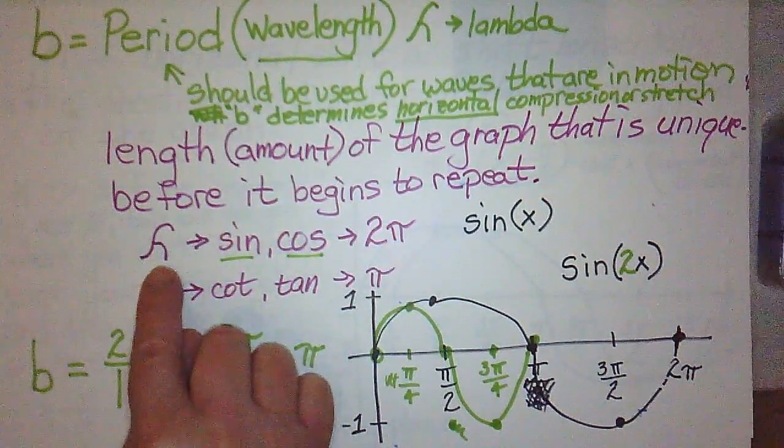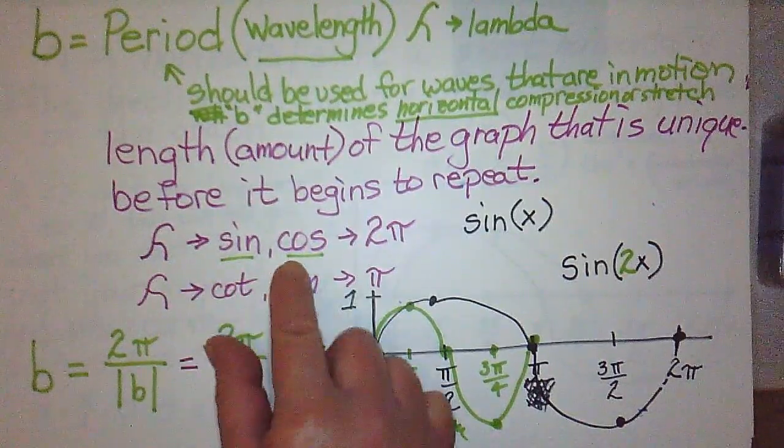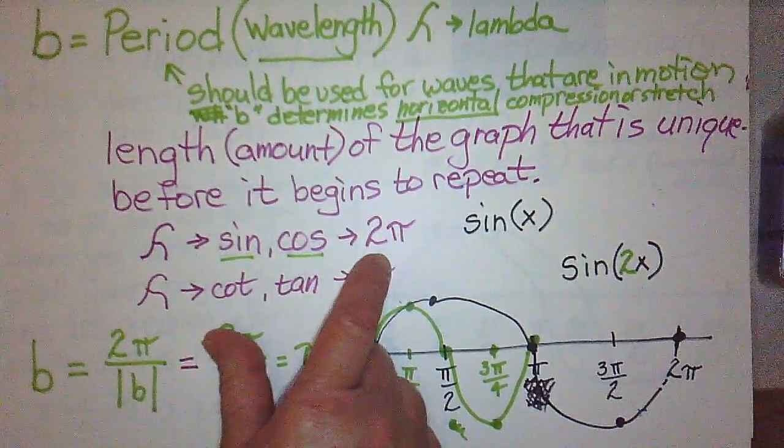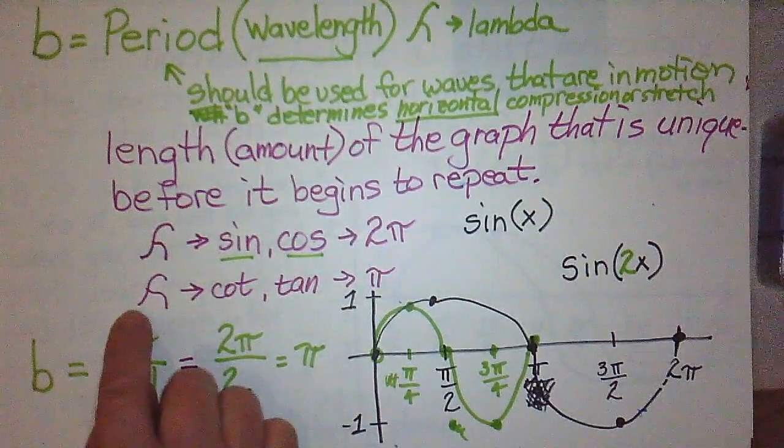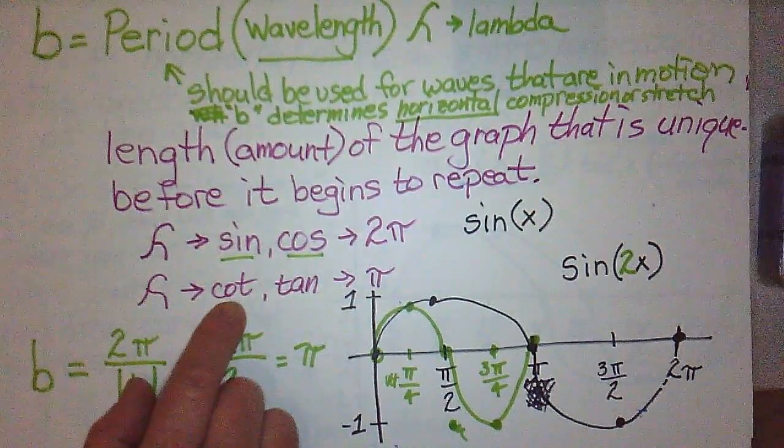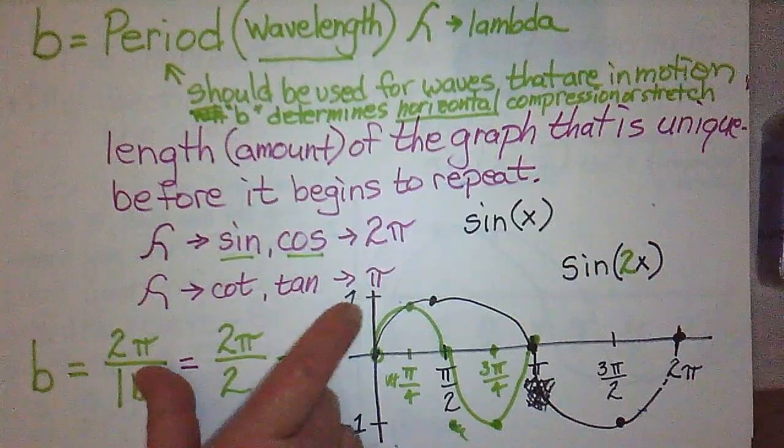Lambda for sine and cosine is 2 pi. Lambda for cotangent and tangent is pi.